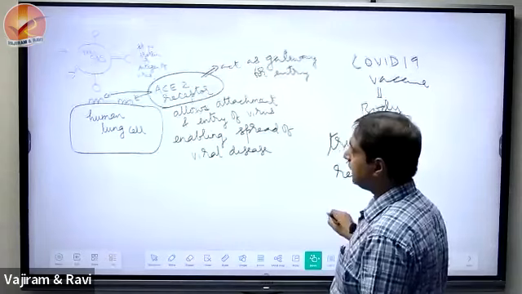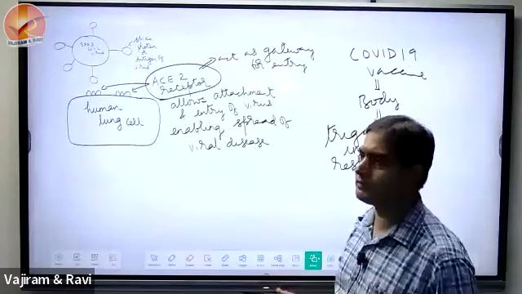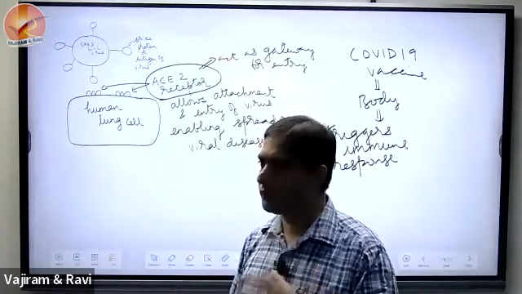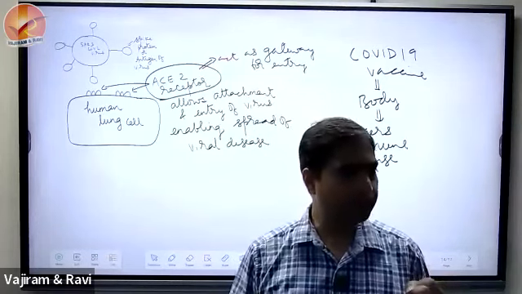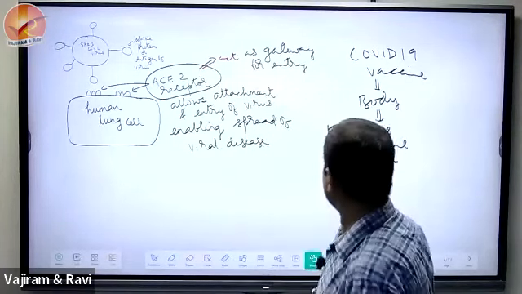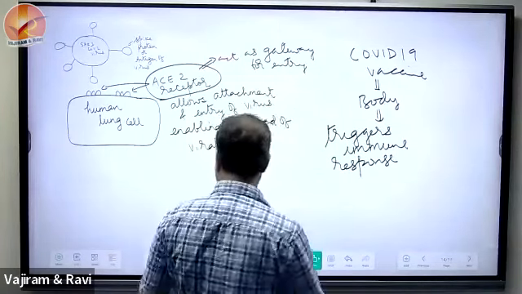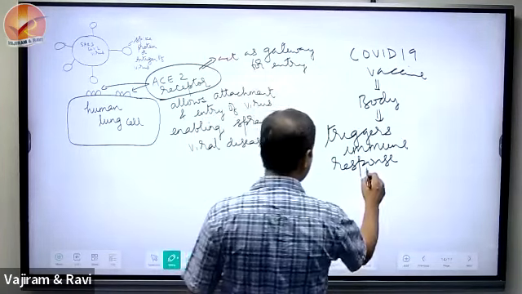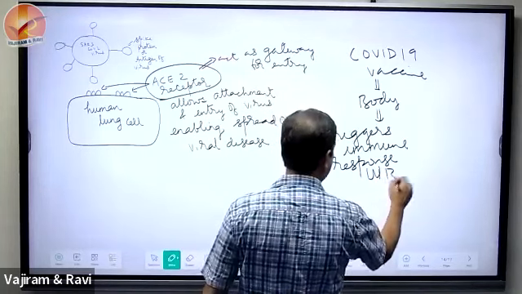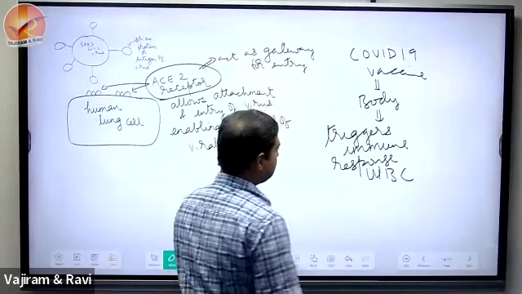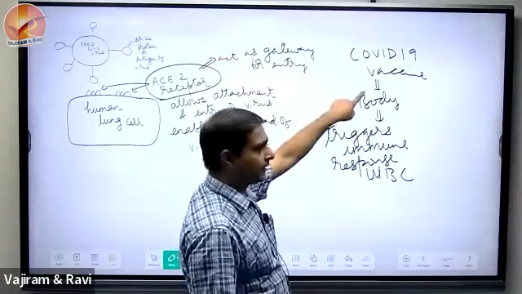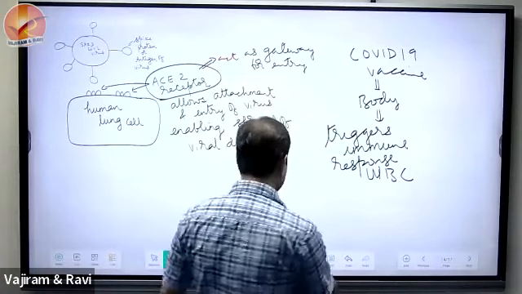We already discussed that the role of white blood cells is what? Immunity. They are the ones who protect our body against infections or diseases. So when we write that it triggers an immune response, this will involve the white blood cells. Involve what? White blood cells. Now these white blood cells come into contact with the COVID-19 vaccine.